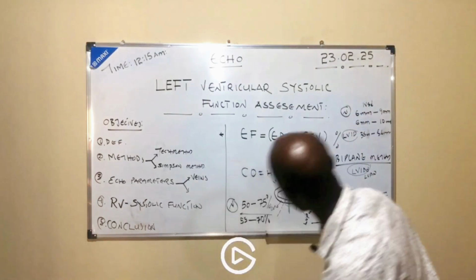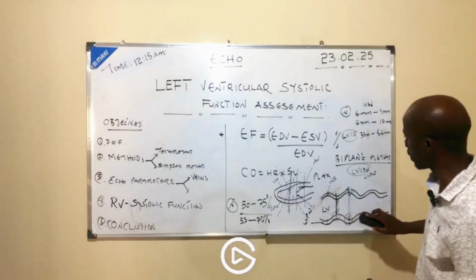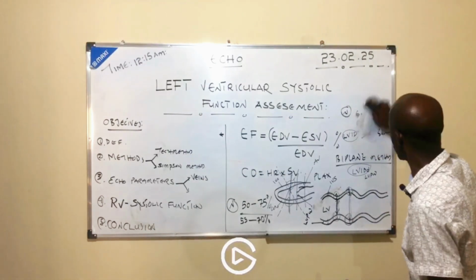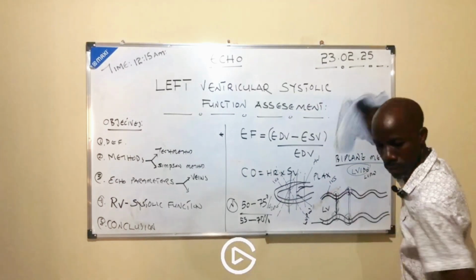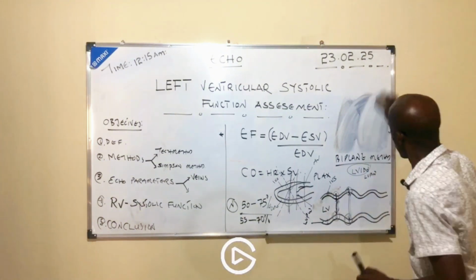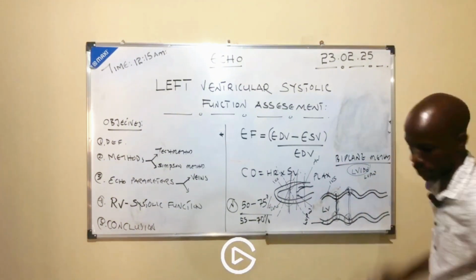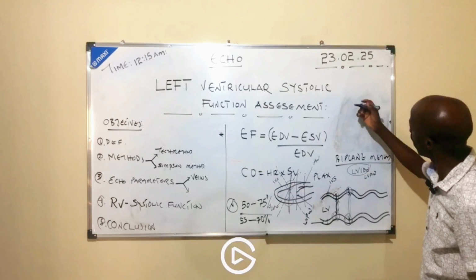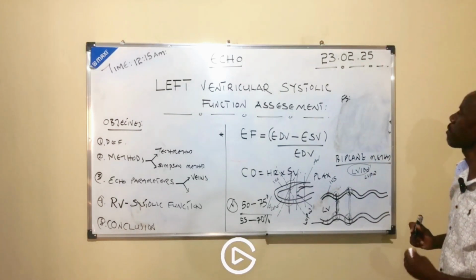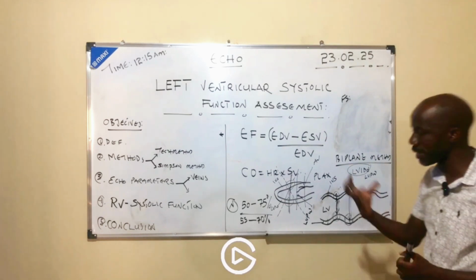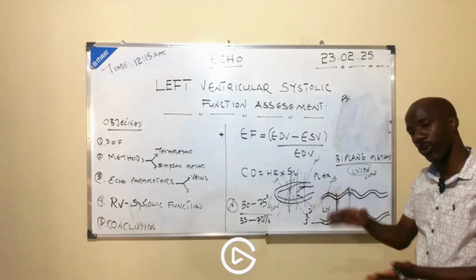Fraction shortening is also the contractility. Okay, let me just show you. So fraction shortening, or the FS, is abbreviated as FS. This is the contractility of the myocardium.